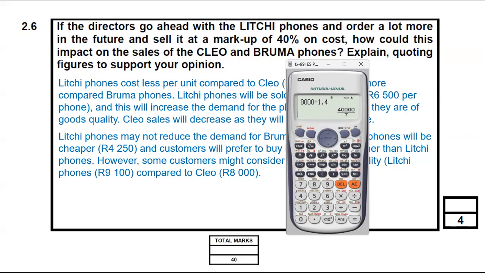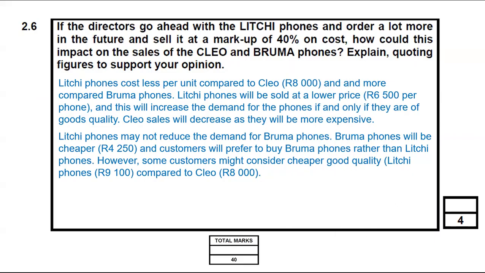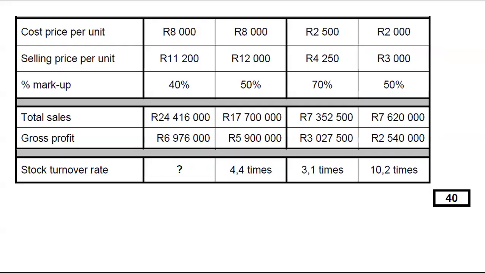I don't even know why I'm calculating the selling price of Clio because it was given to us here. The selling price is 11,200 compared to 9,500. So basically people will rather buy Lychee than Clio as it is a little bit cheaper. And this will only work if Lychee is of good quality, just like Clio.